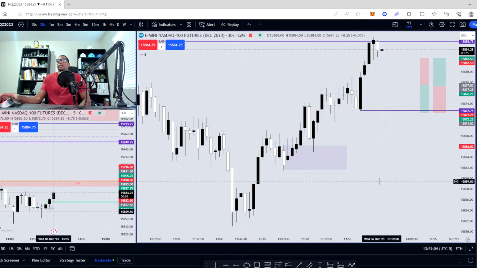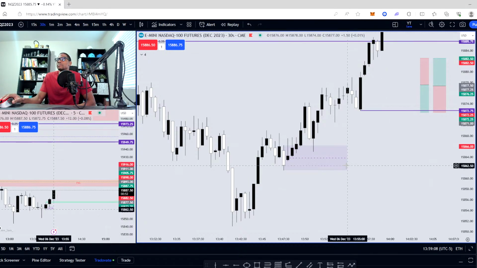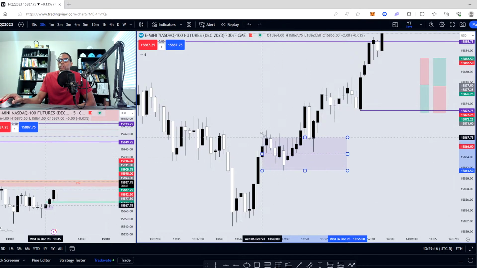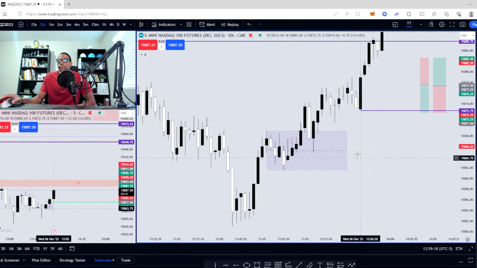Yep, I get it. That completely makes sense. Yeah, you can use the last one. You can use the entire range. You can see it tapped into 50% and then out.